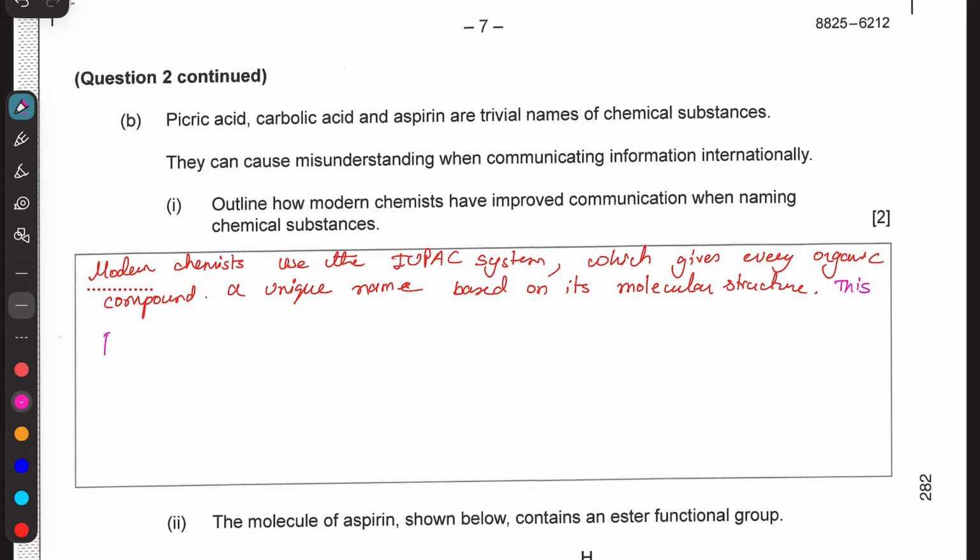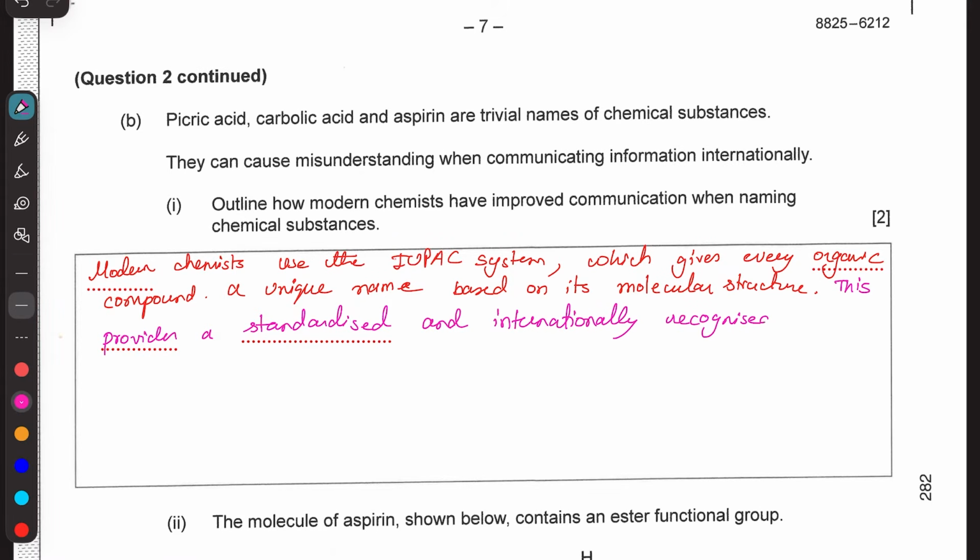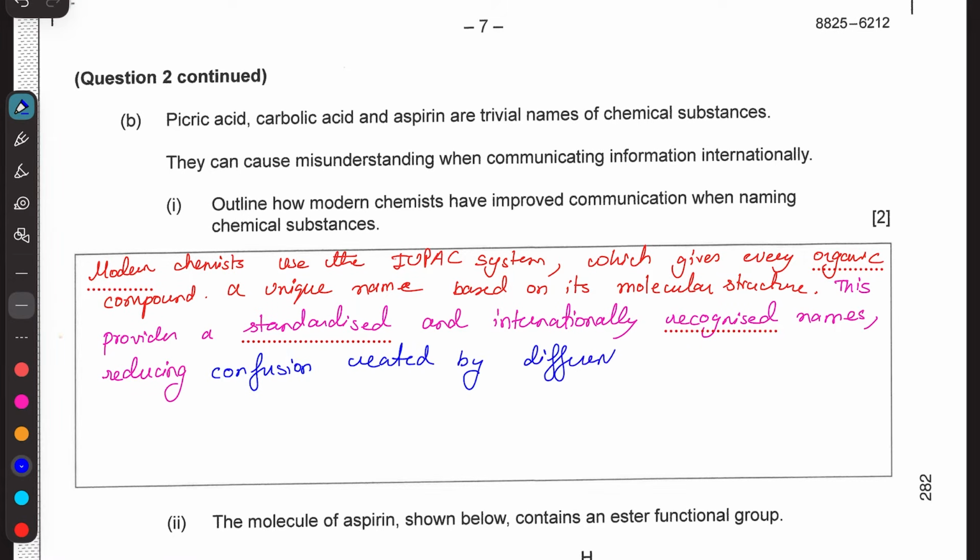This provides standardized and internationally recognized names, reducing confusion created by different trivial names. So that's it about B part 1.